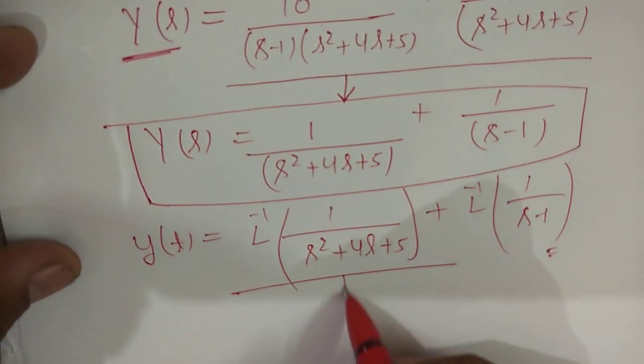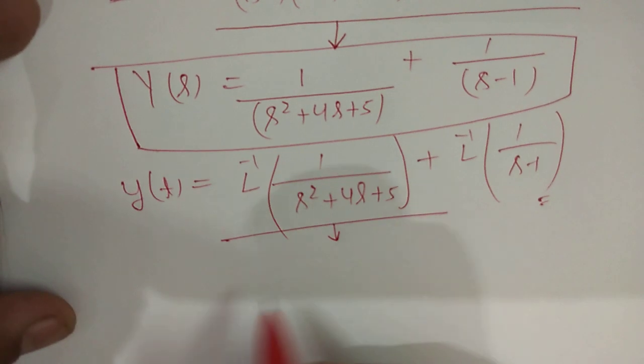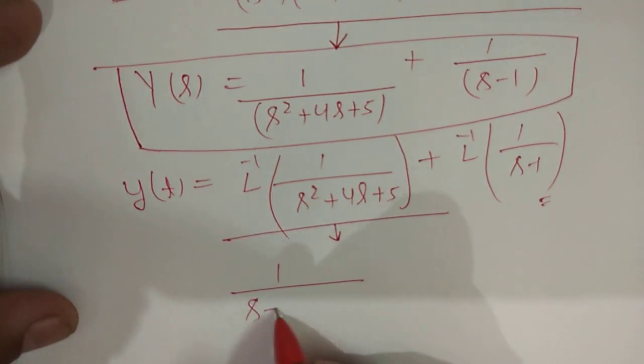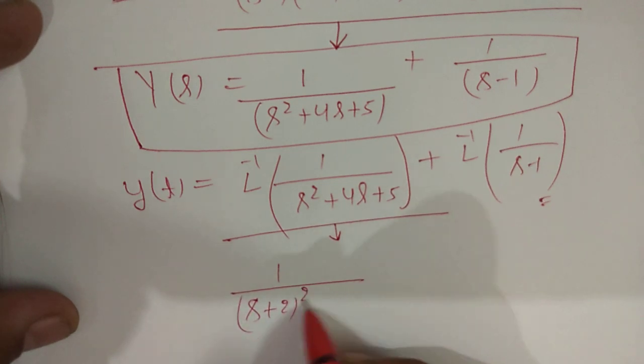Let us see the other part. This part will be 1 upon (s plus 2) whole squared plus 1.